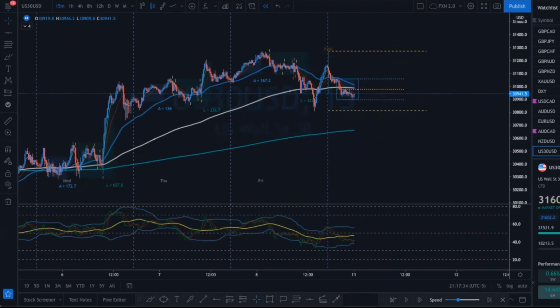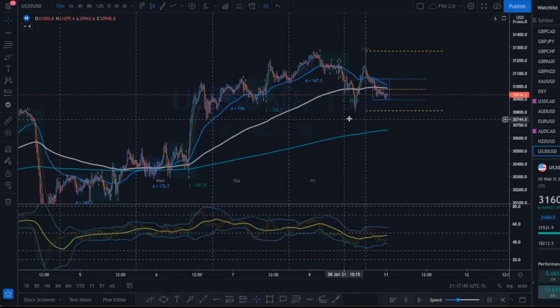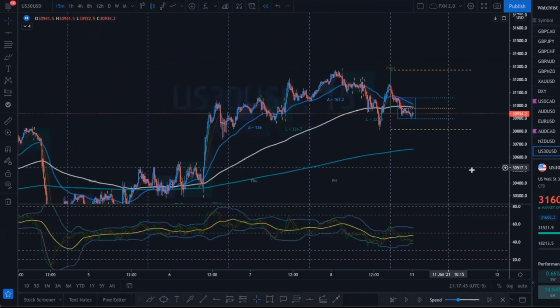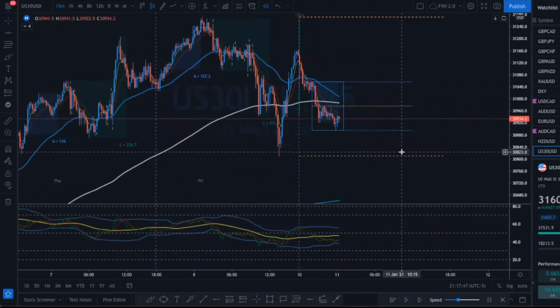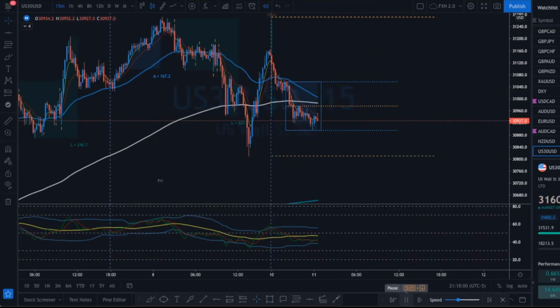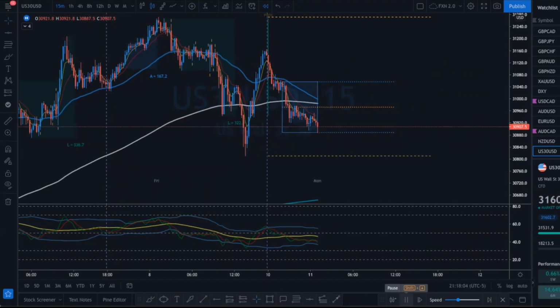All right, well, if this is the top here, then I'm probably going to be a seller. And the way that these two are right here, the best possible trade setup for me would be a type 3. Type 3 pinning to the 250, that would be my trade setup.